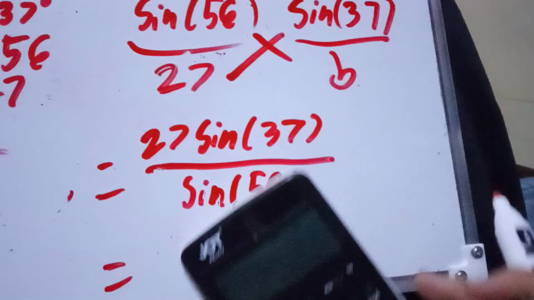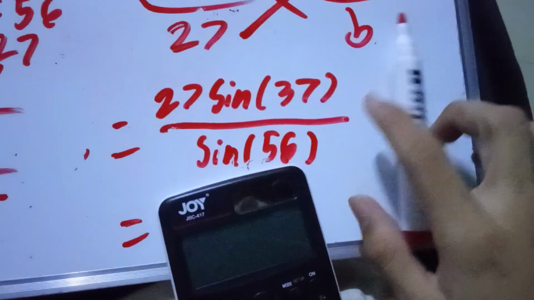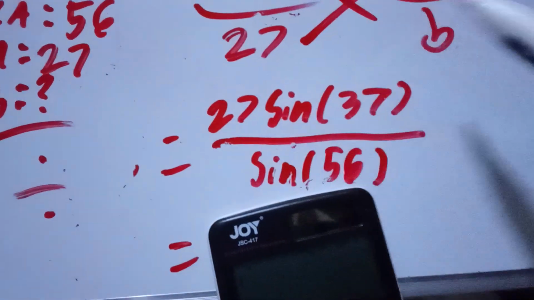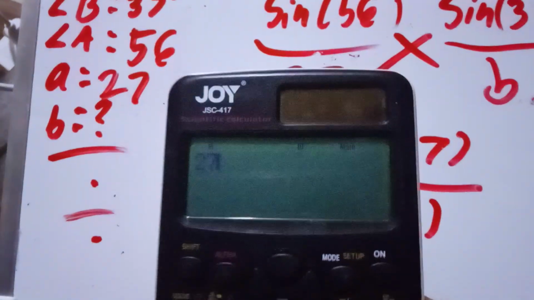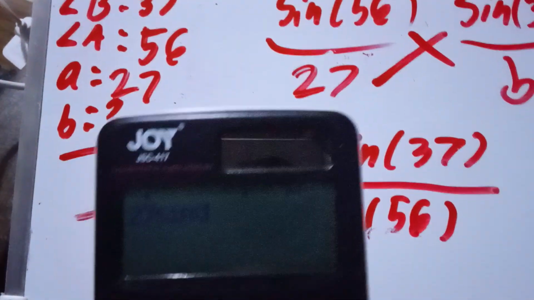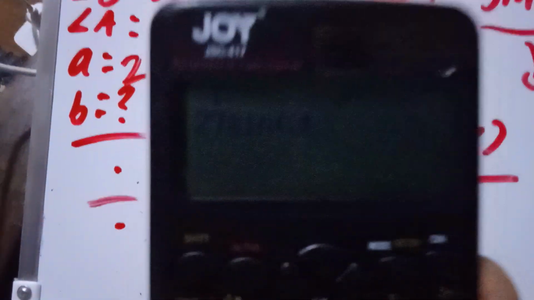Now copy this into your calculator because it's impossible without a calculator. 27 sine 37 over sine 56.